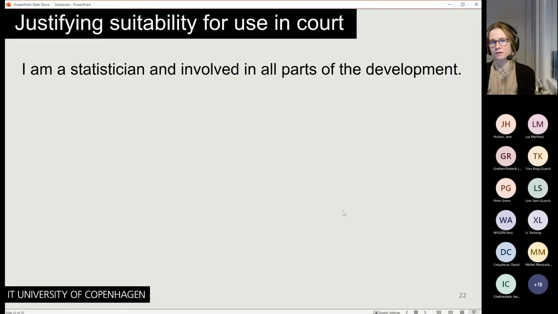And then a major part of the argumentation in my witness statements is that I'm a statistician, so I have a particular set of expertise. But not only that, I was also involved in all parts of the development of the software.